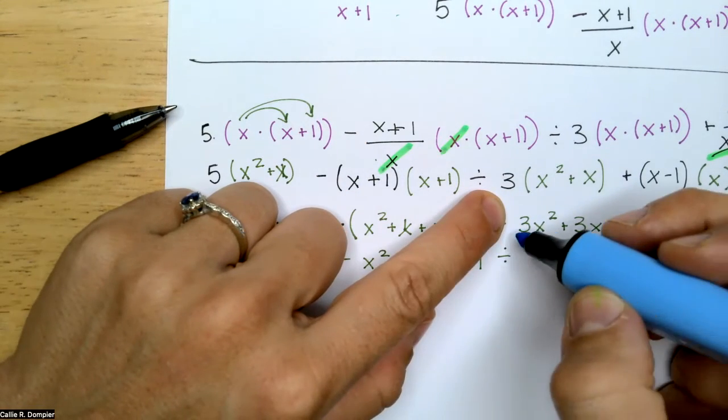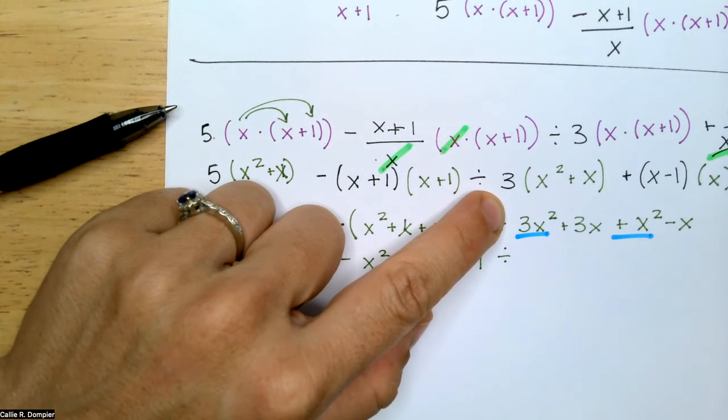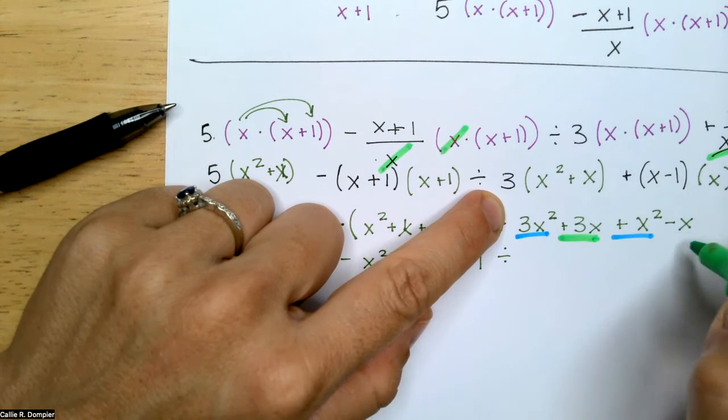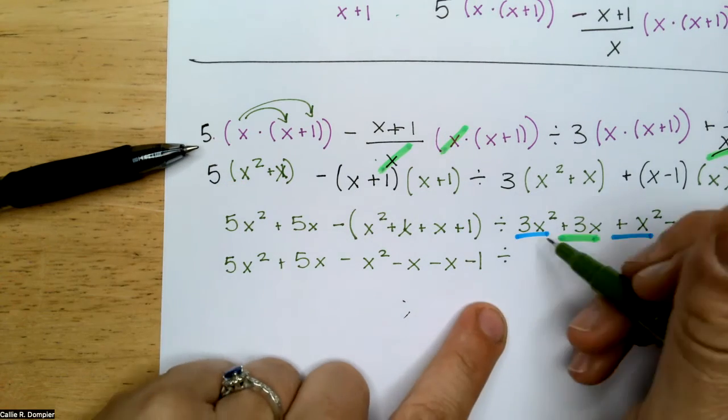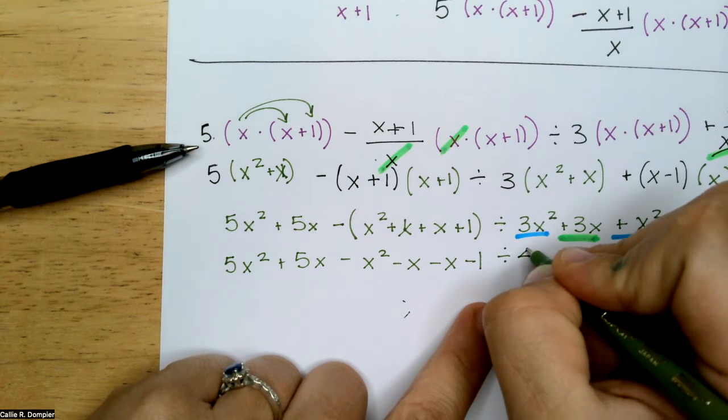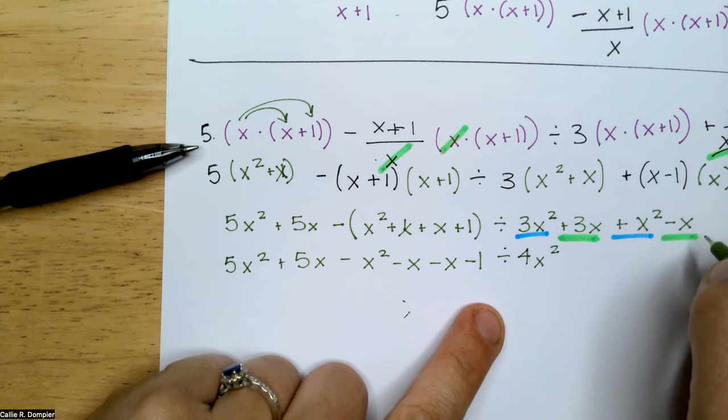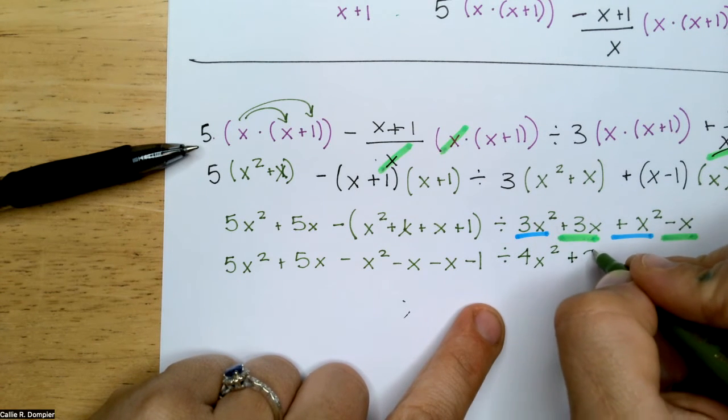I can say this is 3x squared plus x squared, and this is 3x minus x. Good. So I get 3x squared plus x squared is 4x squared, and then 3x minus x is plus 2x.